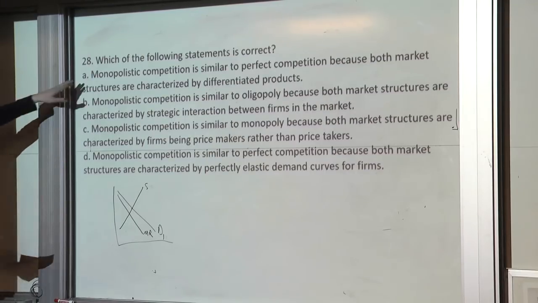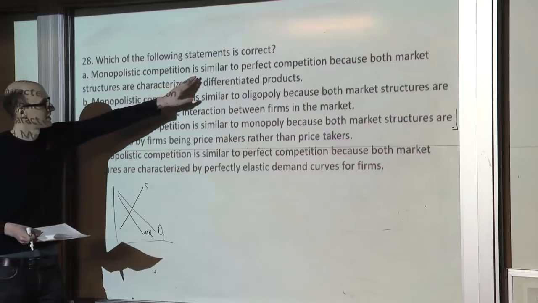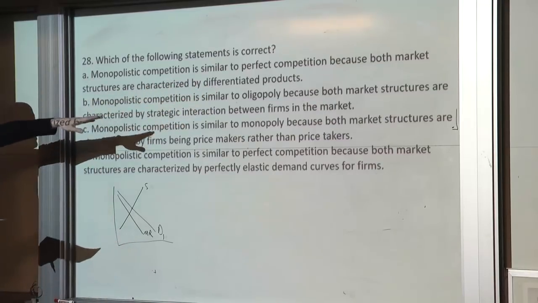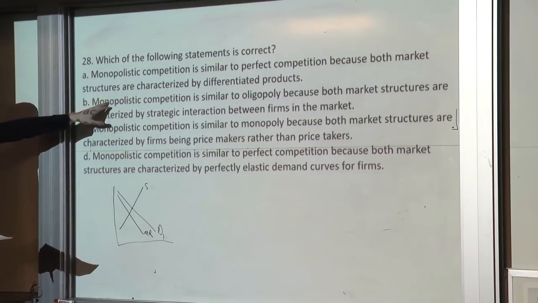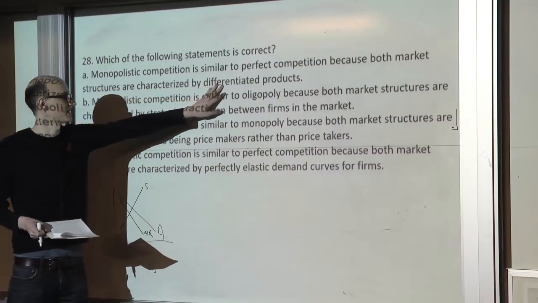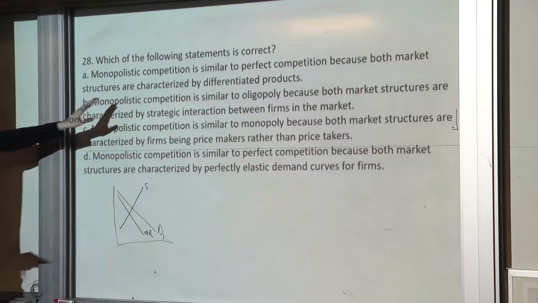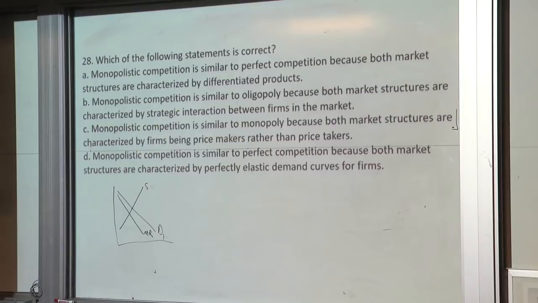So let's look at these answers. Monopolistic competition is similar to perfect competition because both market structures are characterized by differentiated products. Well, in perfect competition, what do we know about the products? They're all exactly the same, so that can't be the right answer.